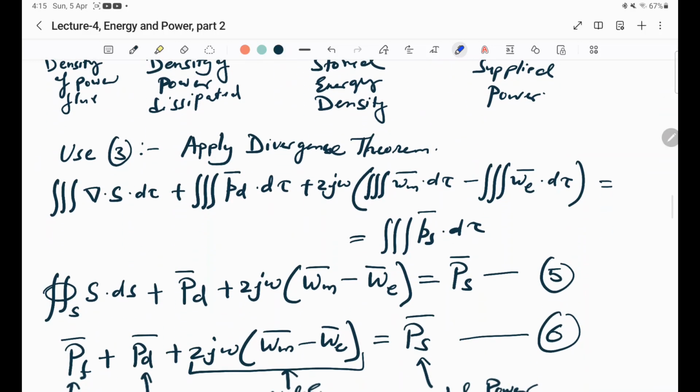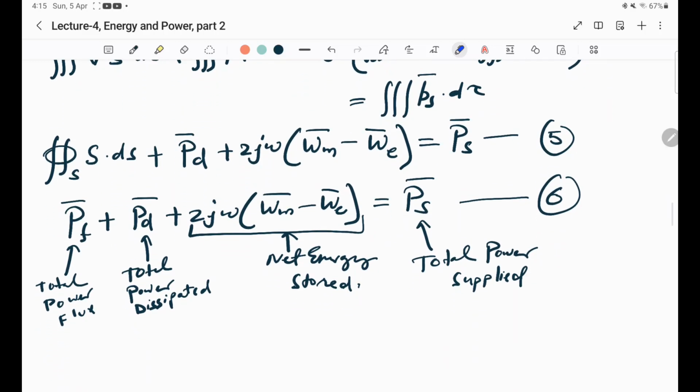Whereas if you compare it with equation number 6, here we have total power flux, total power dissipated, net energy stored and total power supplied. Because when we do the volume integration or surface integration, we will get the total power or the net energy stored in that region. Alright, that is why we convert the density terms into total energy and total power terms.